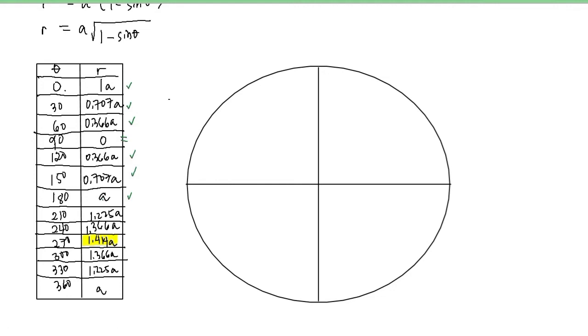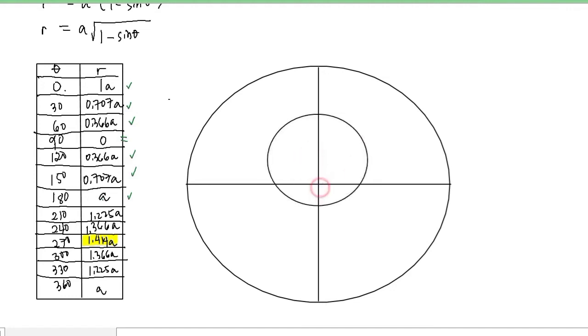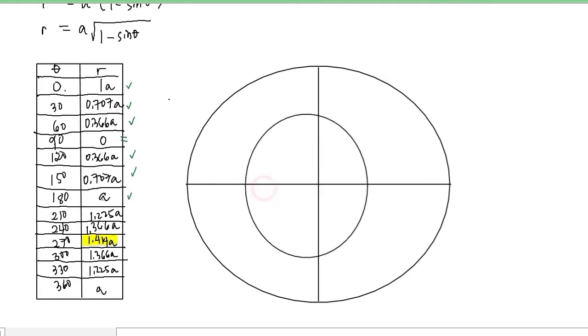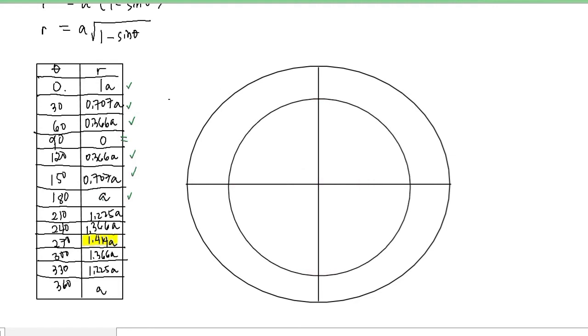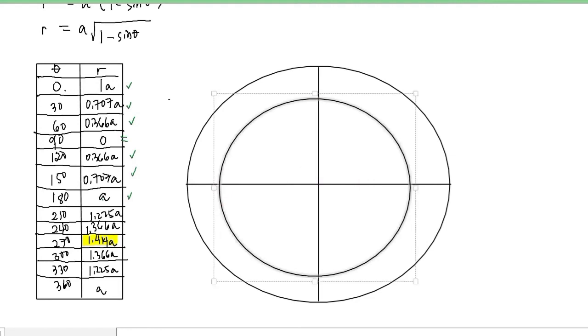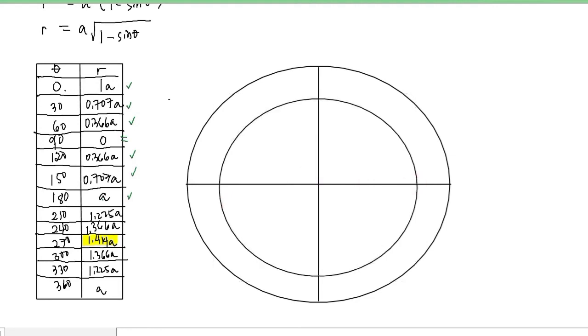So, dagdagan natin ng isa pang circle sa loob to represent the 1. Mukhang circle din ba? Mas madali itong gawin sa AutoCAD eh. Ayan. So, kamukha na rin siguro yan. So, eto, ang radius nito, itong nasa labas, this is 1.5. Tapos ito yung 1.